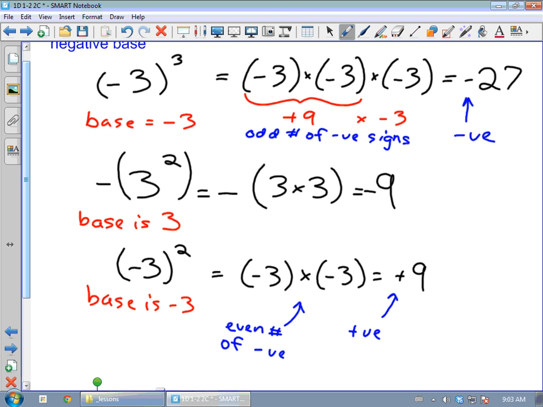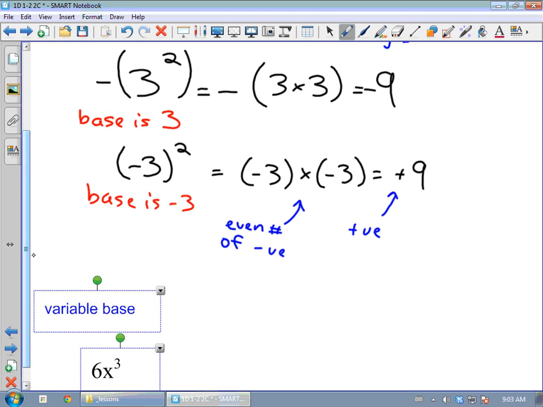So if I had something like negative 5 to the exponent 7, is the final answer going to be negative or positive? Is my exponent odd or even, first off?